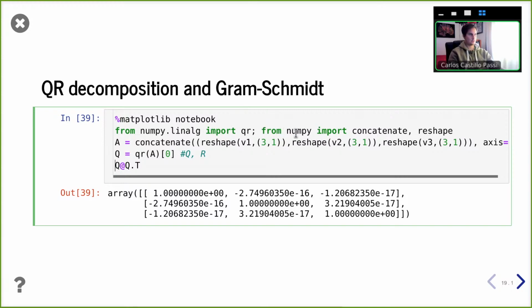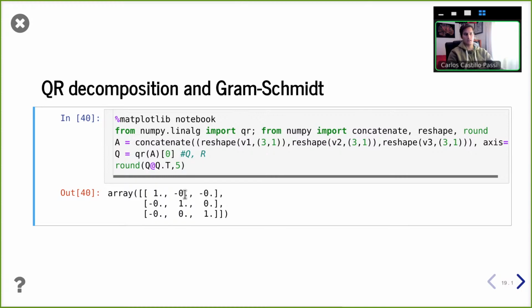So, for example, from NumPy import concatenate, we can also import round, and we can round the result with, I don't know, digits 5. I'm not sure how to use it. 5? Yeah. And basically you see that the matrix Q times itself but transposed is a diagonal matrix. And this is with even 10 digits.